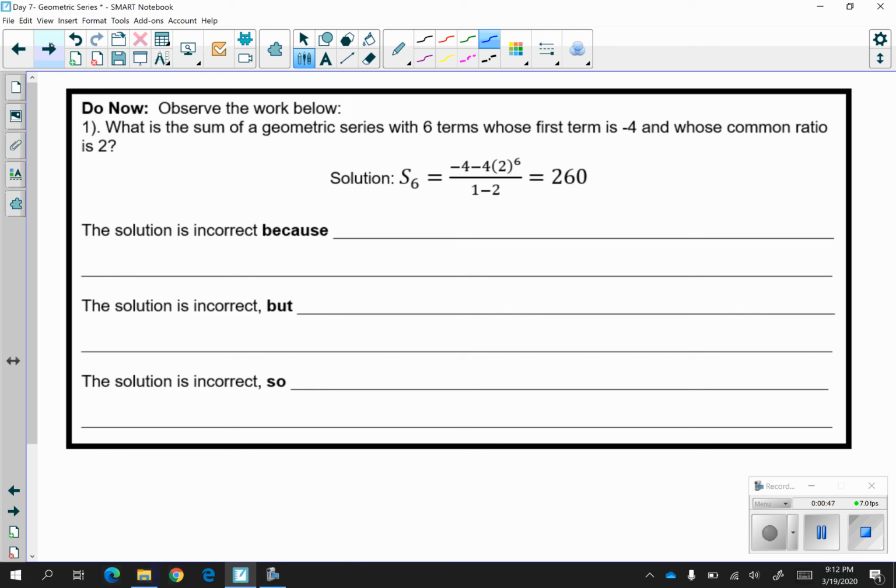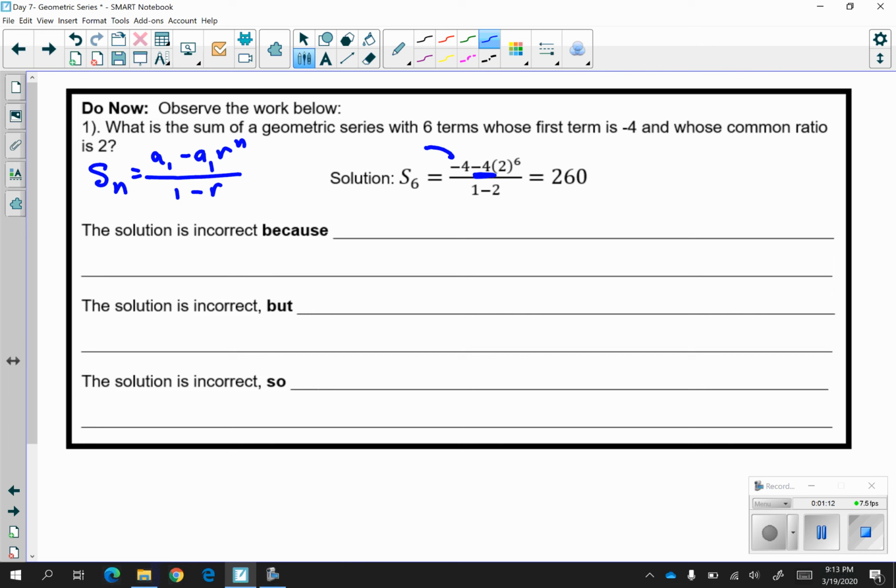So if you notice, the usual formula is S sub n equals a sub 1 minus a sub 1 times r to the n over 1 minus r. And right here, they have -4 minus +4. So that's two different a sub 1s, right?